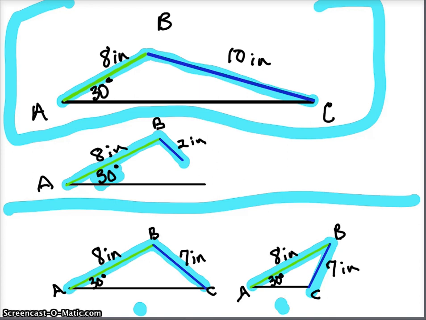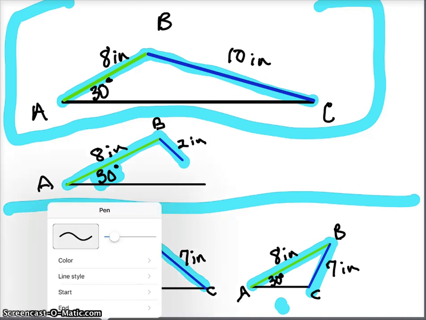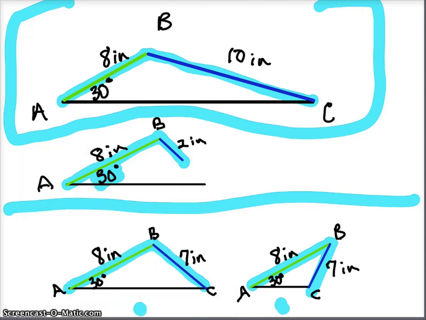If we look at these three situations, we have the ambiguous case because we could possibly have one triangle, no triangle, or two triangles. And we're going to look at examples in our notes today from Goal 4 on how to identify that we have the ambiguous case and how to solve for it.